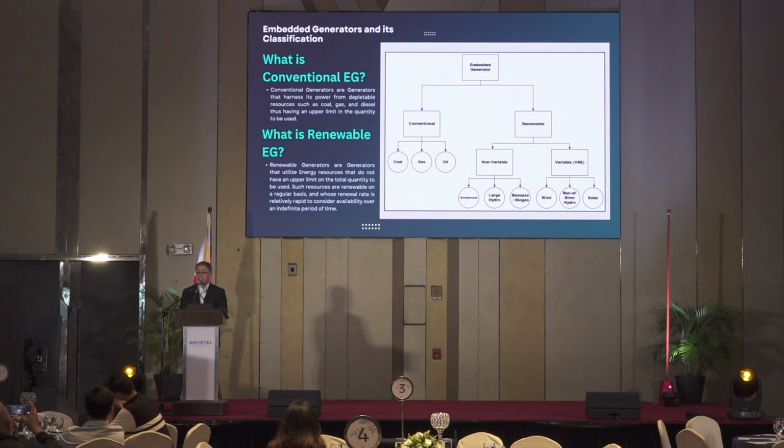To give a more fleshed out definition, here is a block diagram describing embedded generation as well as the different classifications as viewed by Meralco. We have conventional generation, which are those that utilize finite fuels as their power source.